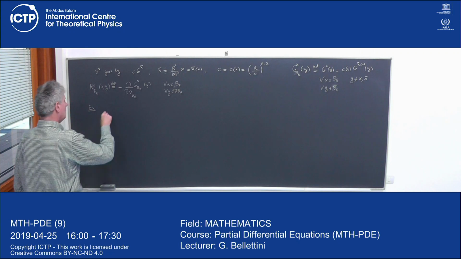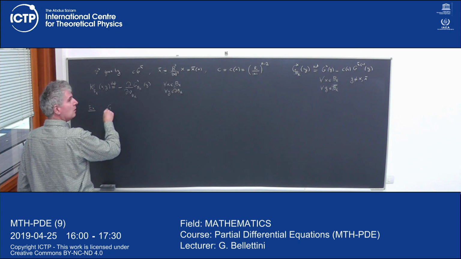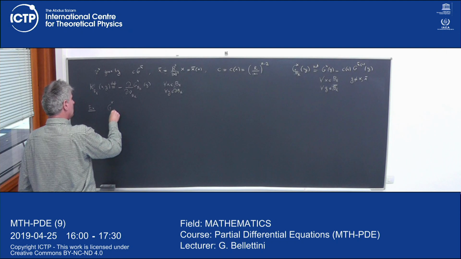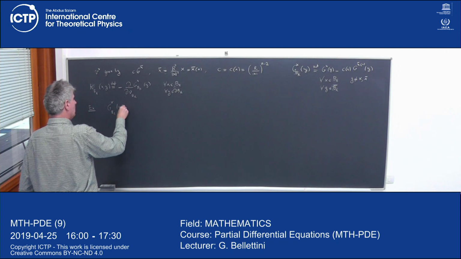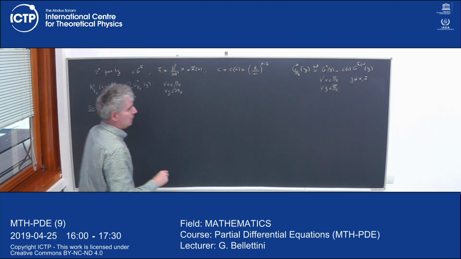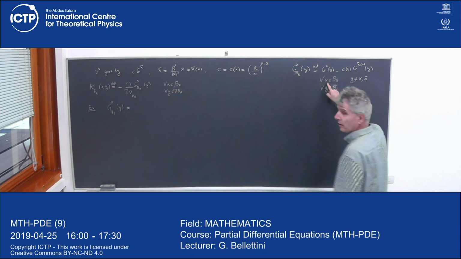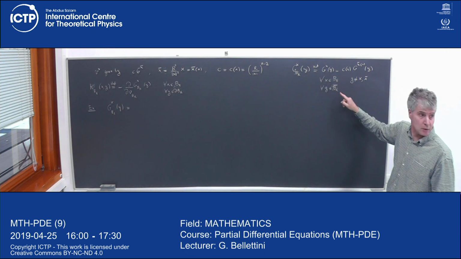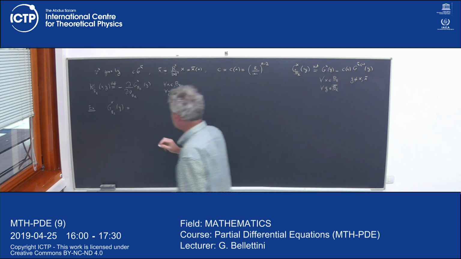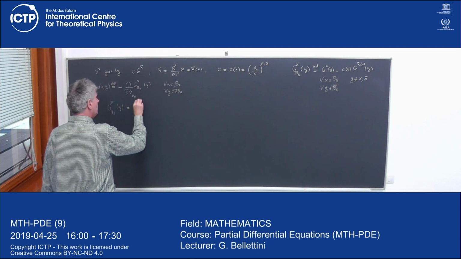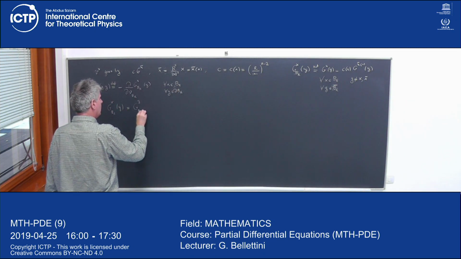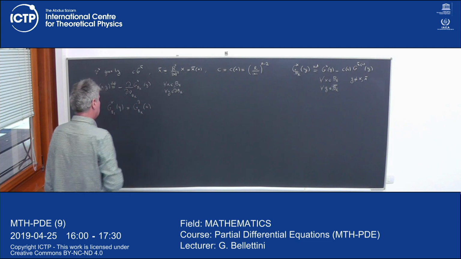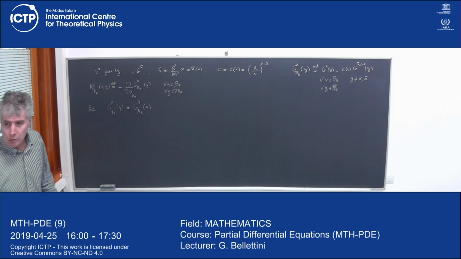So G_x, B_R of y, under these constraints, so I don't rewrite the constraints, equals G_y, B_R of x. Did you do this? Is it okay? No, not really.